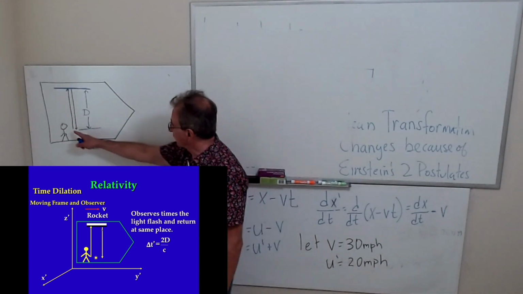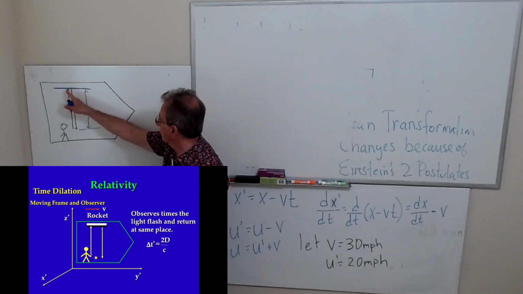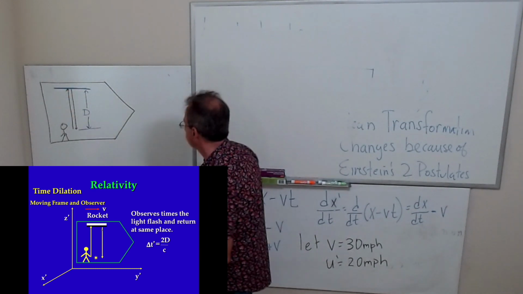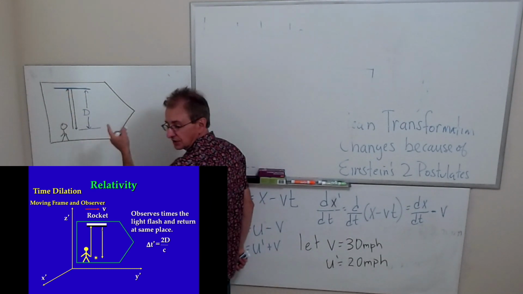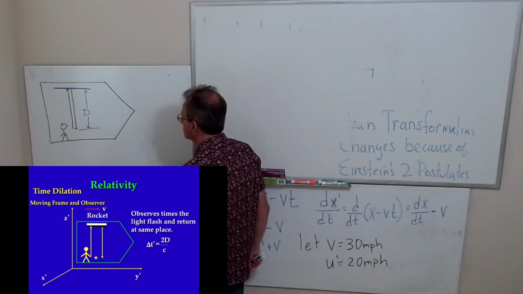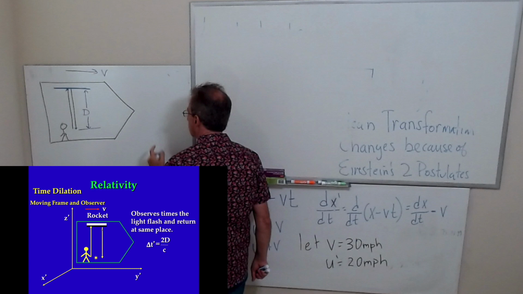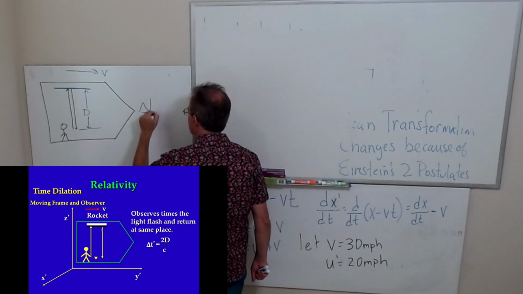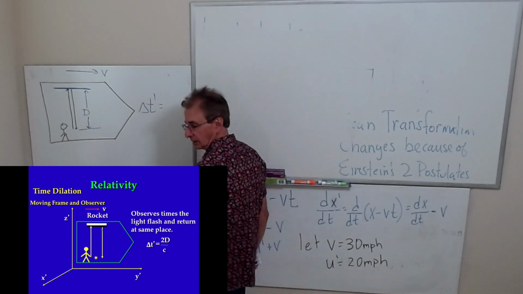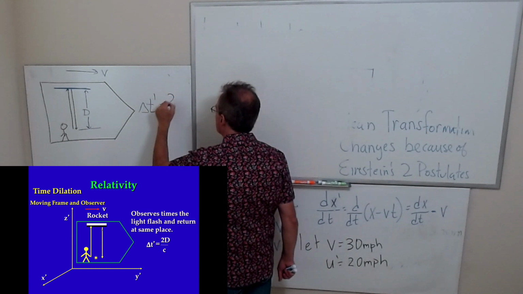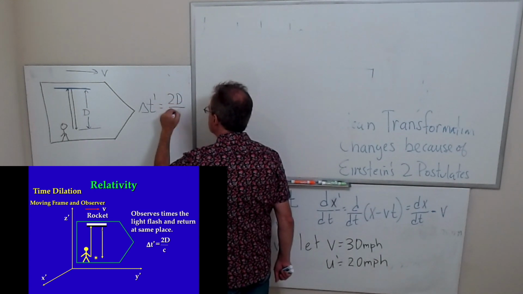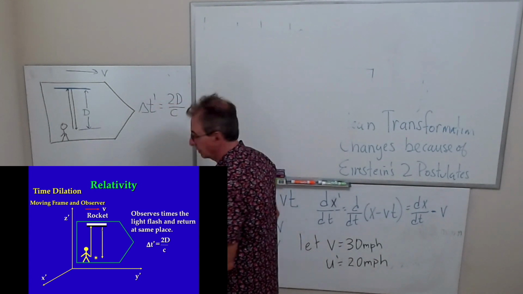So the total time it takes for the beam to go to the mirror and back, since the rocket's moving relative to us, the total time, delta t prime, is twice the distance over c. Everybody okay with that?